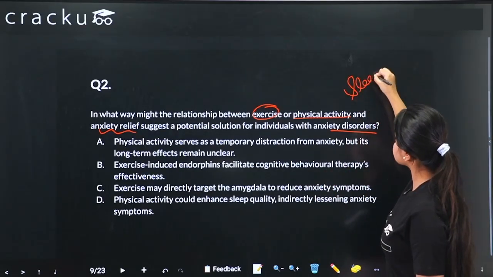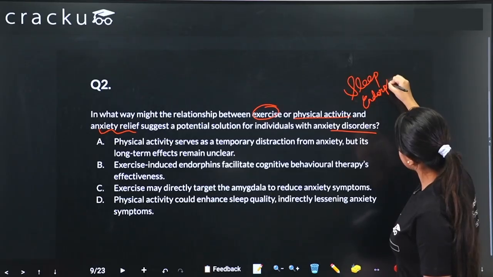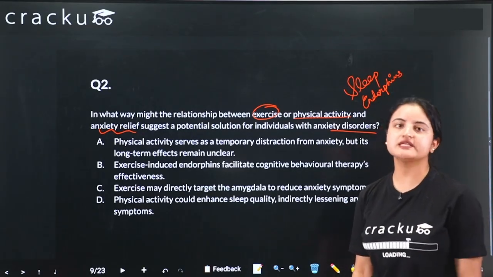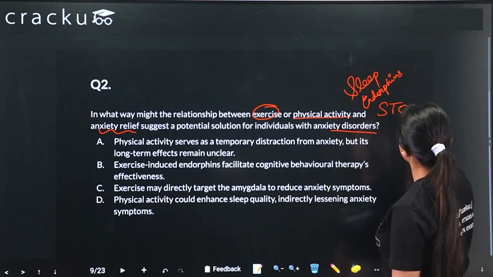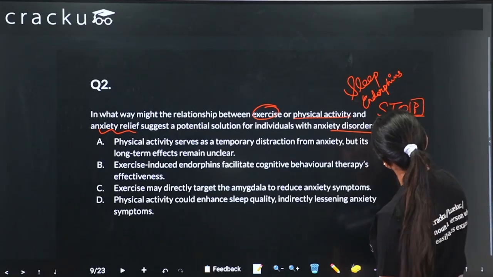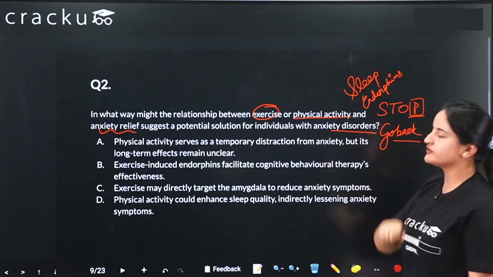It can tire us out. It releases endorphins, which act as natural painkillers, right? So this is also basically an easy question. Why? Because S.T.O.P. You can simply do the P part. You can simply go back to the passage and refer to it.